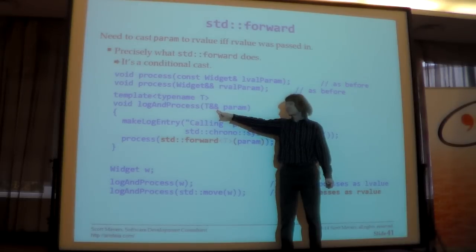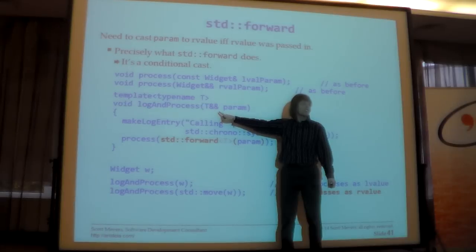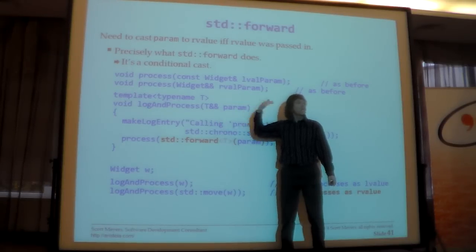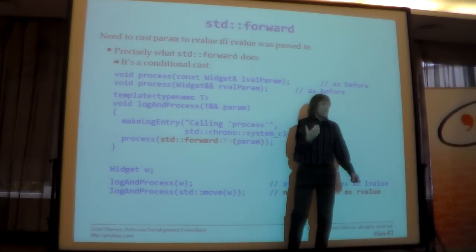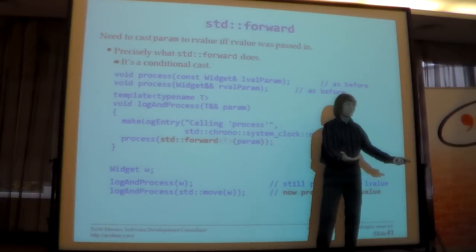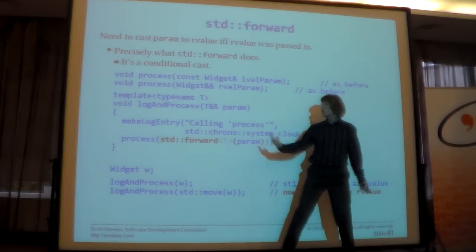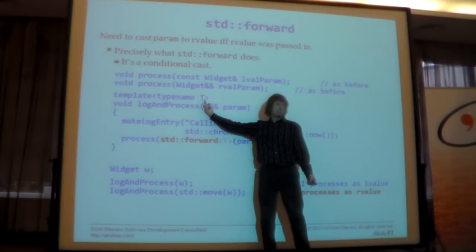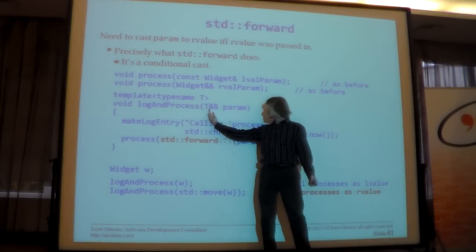Universal reference basically says, I will preserve all the characteristics of what are passed to me. I will remember if it's an L value or an R value. I will remember whether it's const or non-const. I will remember whether it's volatile or non-volatile. Remember that if somebody passes me something which is const, when we went through the rules for template type deduction, const would be deduced as part of T. So the const would be retained here.